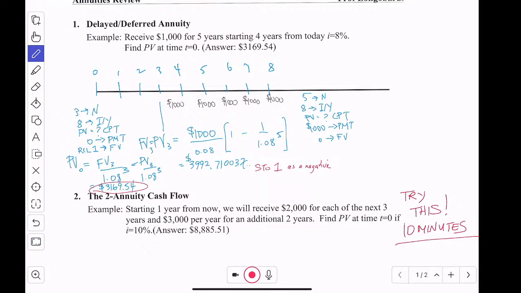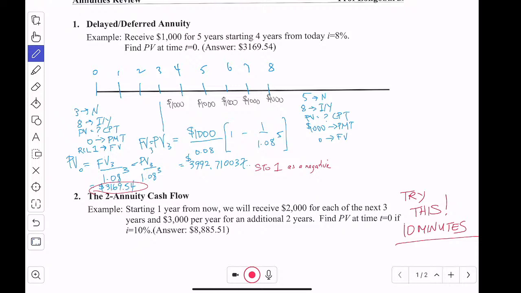One minute, sorry. Okay. Oh, it looks like the screen isn't updating.